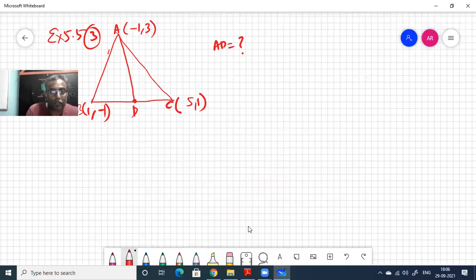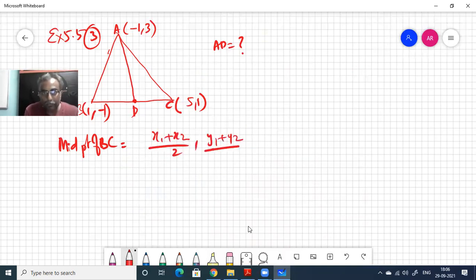What you have to do now, you have to find the midpoint of BC. What is the midpoint of BC? (x1 plus x2) by 2, comma (y1 plus y2) by 2. Correct. This is the midpoint. This is x1 y1. This is x2 y2. Okay.